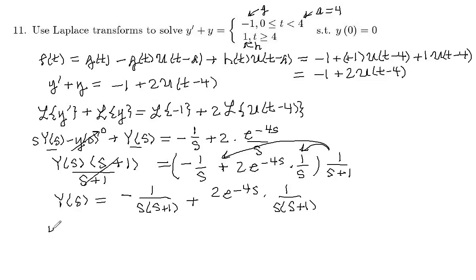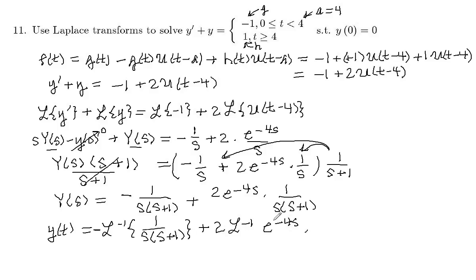So then little y of t, our solution, is going to be the inverse transform of that right-hand side. We can pull the negative sign out in front here. So inverse transform of 1 over s plus 1, plus 2 inverse transform of e to the minus 4s times 1 over s plus 1.